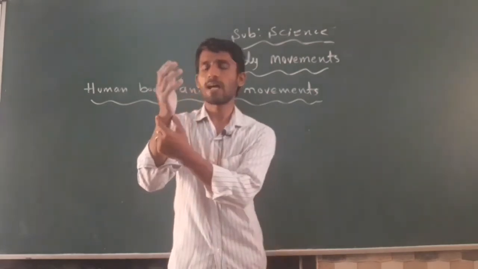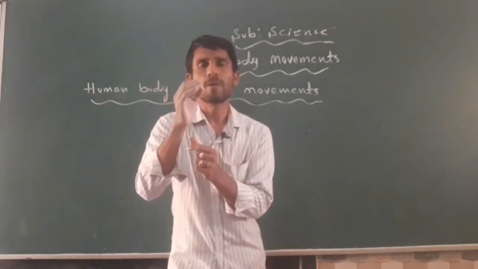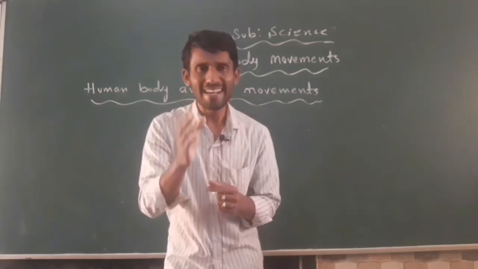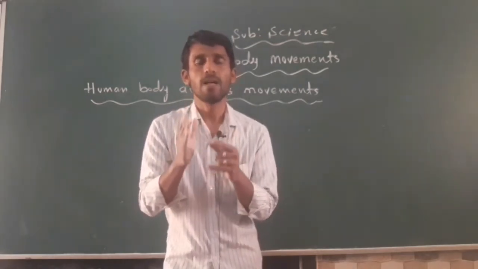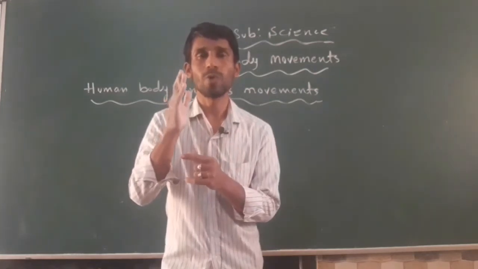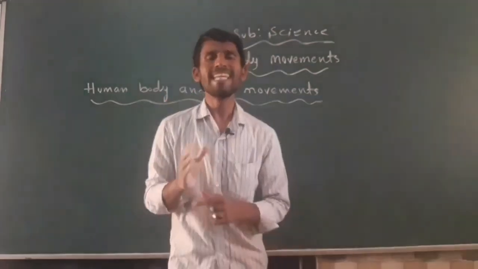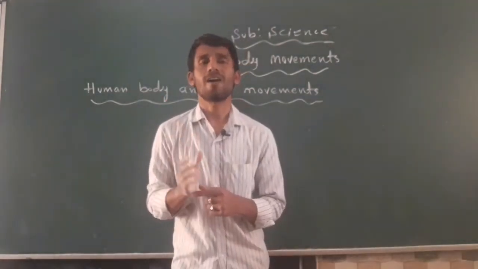Here also we have one joint. In the places where we have joints, only there are we able to rotate and show the movements. These places we call joints.